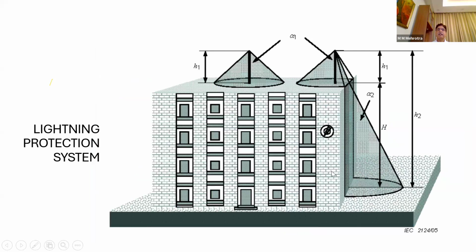This means if there is a multi-storied building, all small single-story structures will automatically get protected. Normally, IS says lightning protection is not needed up to 3-4 storied buildings; for more than 15-meter height, lightning protection will be there. Or if your building has certain critical load, then you provide this.